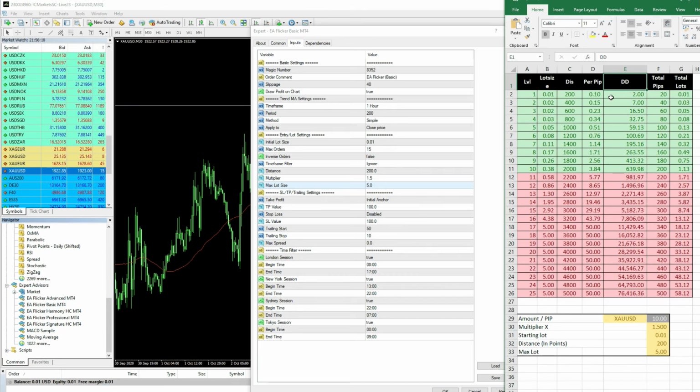What this column means is that, let's say you open the position, but it didn't go in the market trend that you expect. It's going down south, you're losing money. This means that you will have lost a total of $2, or the account is in a loss of $2 before the second position is being opened.